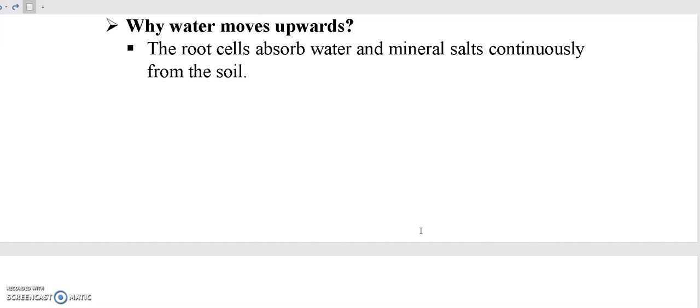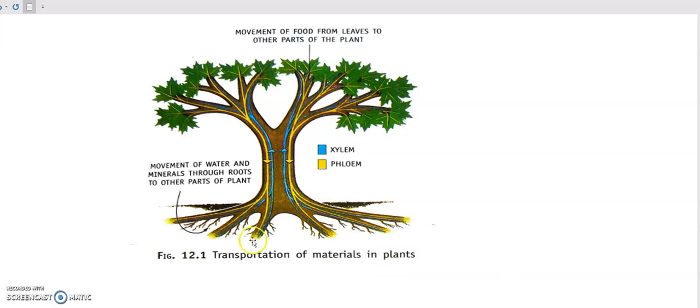If I show you with the help of this diagram, see here, these root hairs keep on taking water inside, and this process is continuous, and this continuous process produces a force that pushes the water inside.